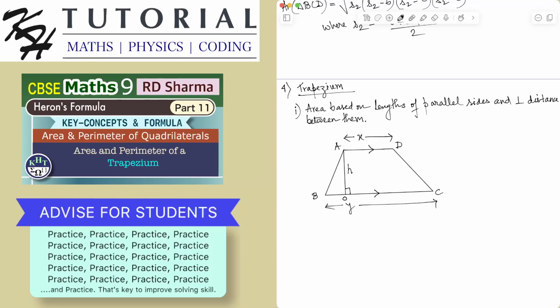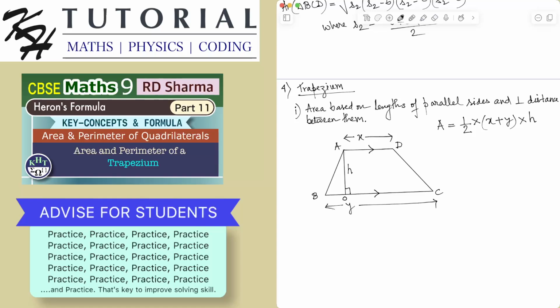Then the area of the trapezium will be half into the sum of the parallel sides multiplied by the perpendicular distance between the parallel sides, or the altitude of the trapezium. This is the formula. So, how is this formula coming? Let's quickly see the concepts behind this formula.